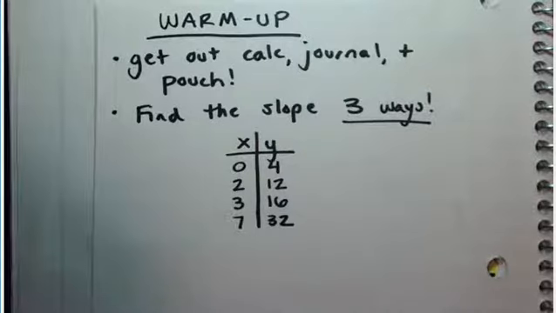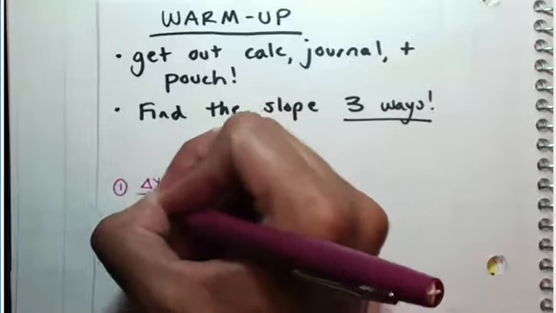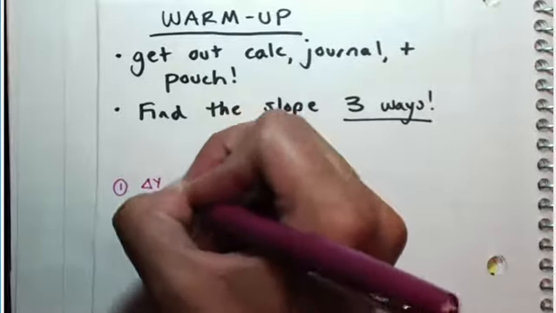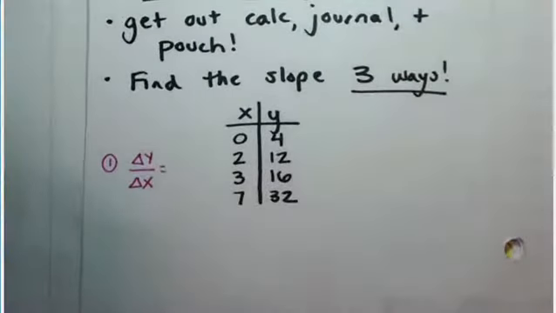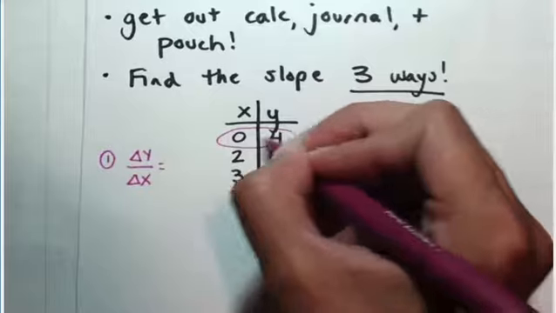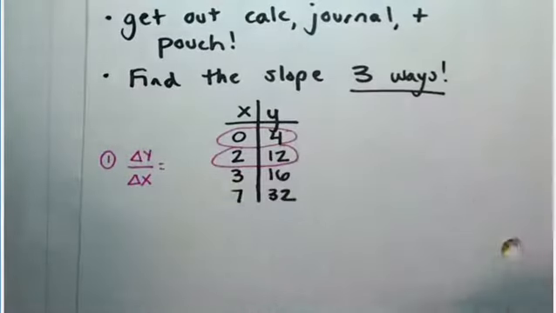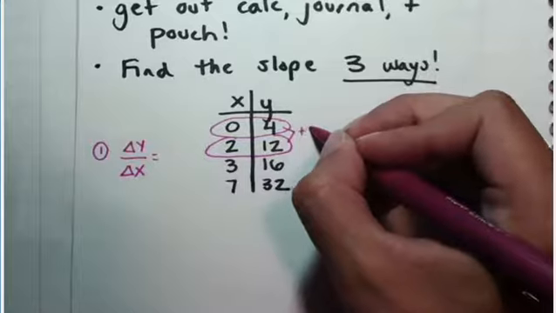Alright, the first way that I'm going to find the slope from a table is doing the change of y over the change of x. Okay, so that's one way that you can find the slope. So, looking at the change of y, I'm going to pick these 2 points right here. Okay, and from 4 to 12, I went up 8.